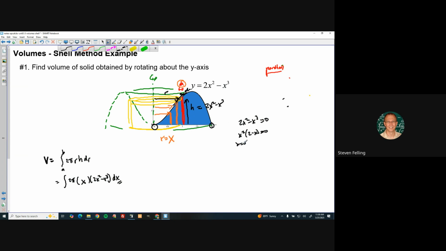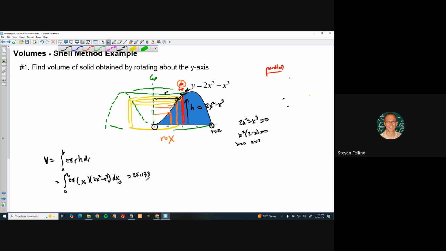So this goes to 0 when x is 0, and also 2. That means we're going to start and stop at 0 and 2. And that means that we can actually find this volume. It turns out to be 25.133.